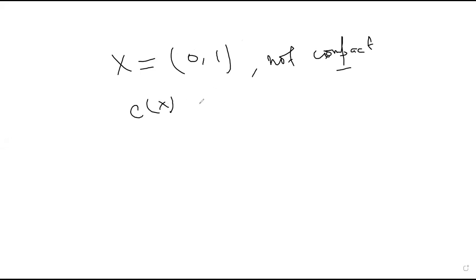yeah, for example, take the space X, which is the open interval (0, 1). This is not compact. And then you look at the ring C(X), which is basically my ring of all continuous functions from (0, 1) to the real numbers.